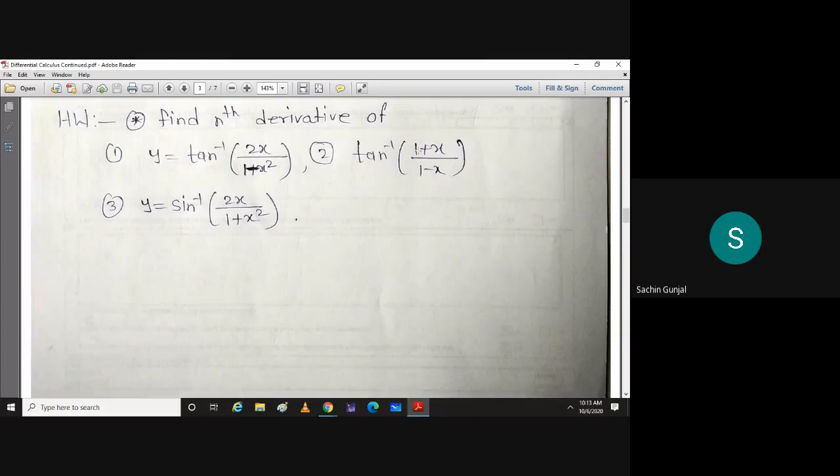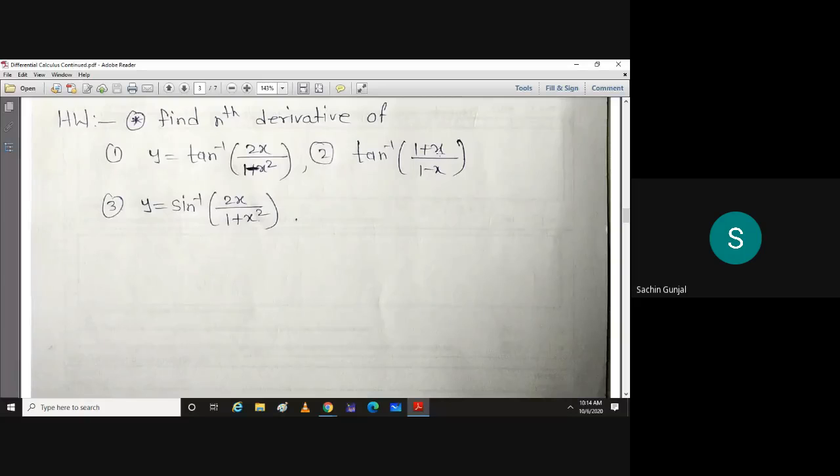See, this one you can write as tan pi by 4 plus x, with x as tan phi, upon 1 minus tan pi by 4 into tan phi.